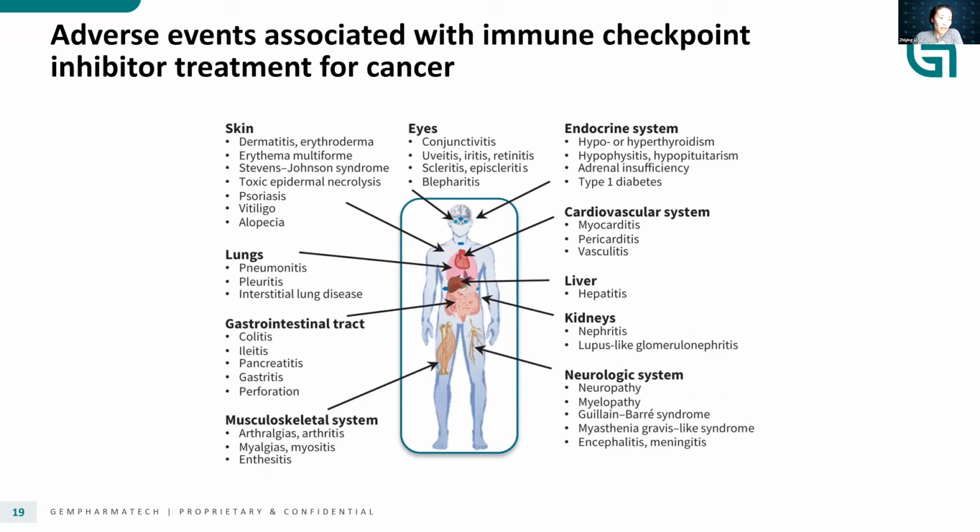When we develop drugs and test them for efficacy, there's always the other side of the story, which is the adverse effects that these therapies may elicit. Pretty much any organ in the body is prone to be adversely affected by a particular therapy until we prove it is safe.